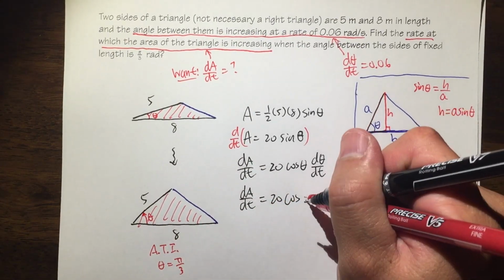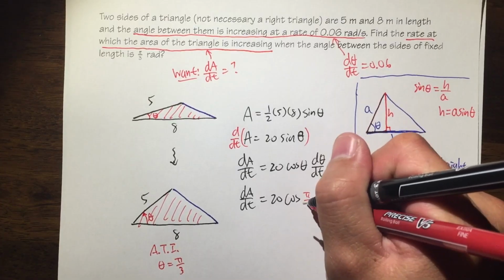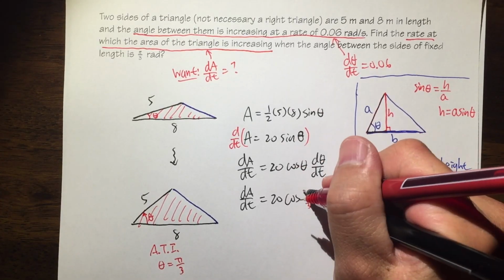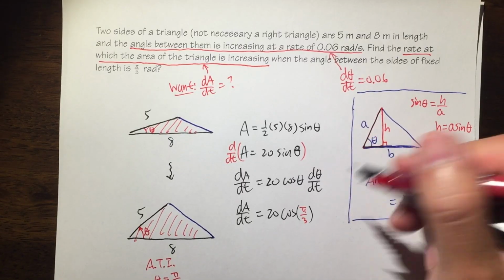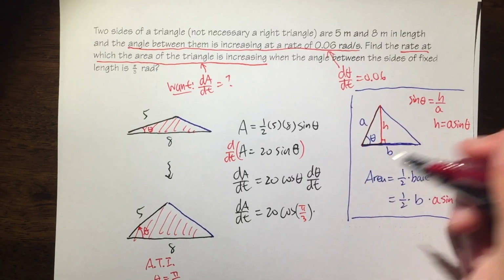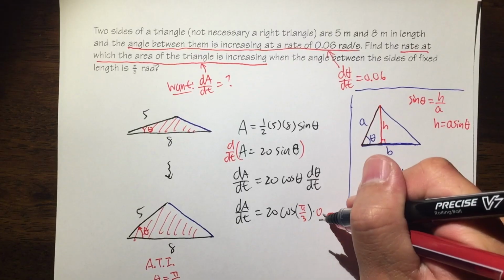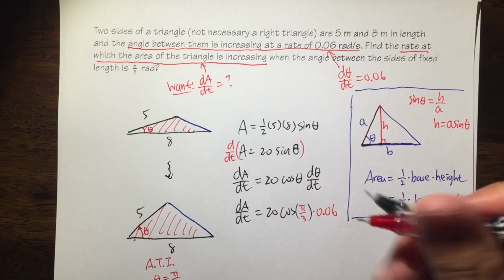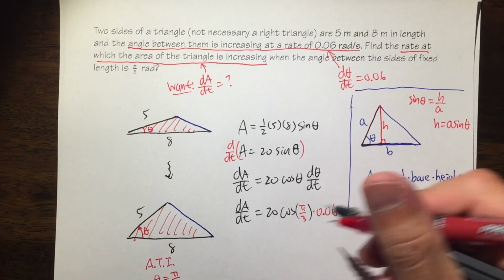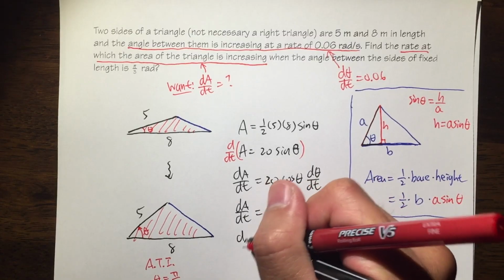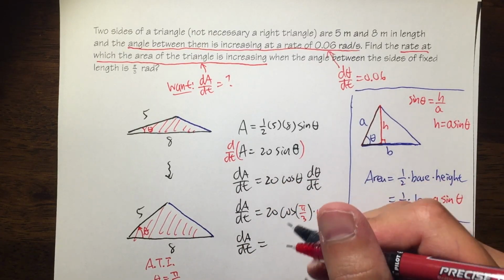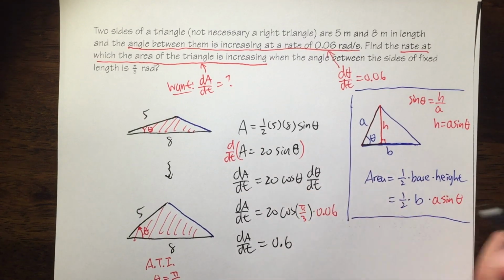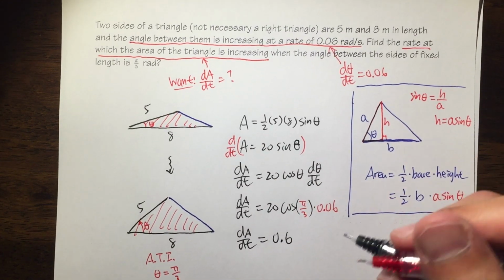Anyway, I'll just plug in pi over 3 right here. And then we also multiply by d theta dt, which is 0.06. And then just do whatever you like to do, just work it out. I will tell you dA dt, after you do all the work, you will get 0.6.